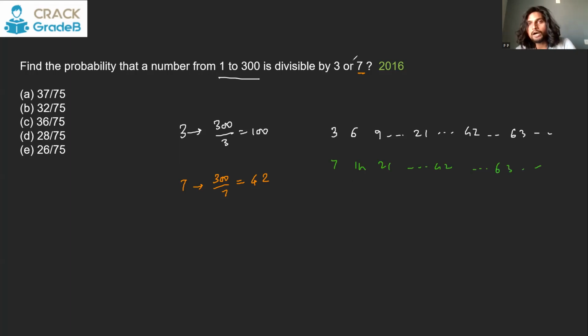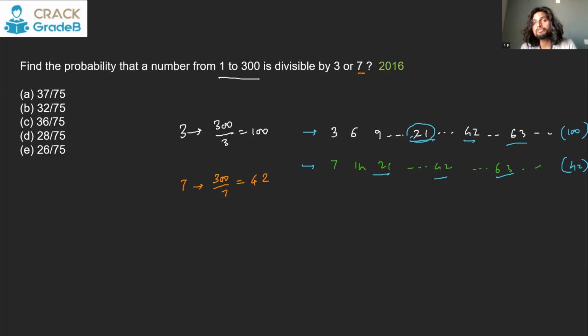The numbers which are multiples of 3 are 100, and the numbers which are multiples of 7 are 42. But these two lists will have common numbers, like 21, 42, 63.